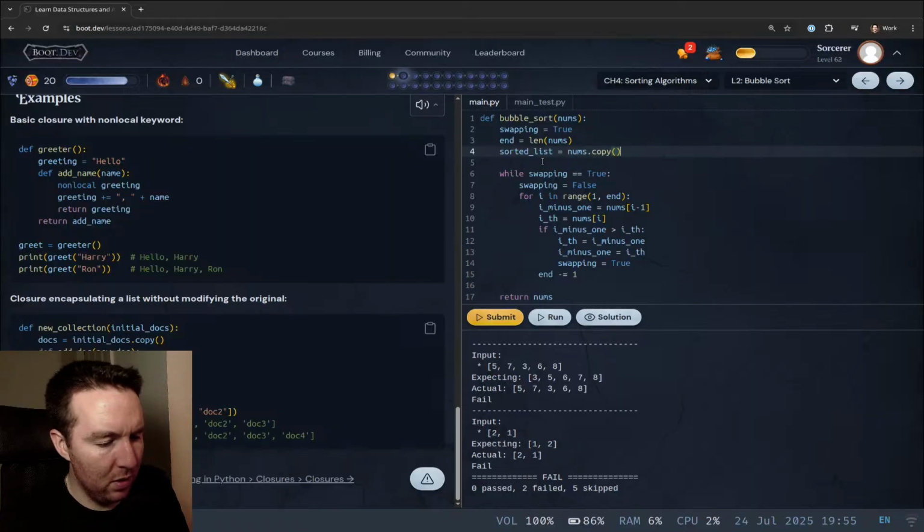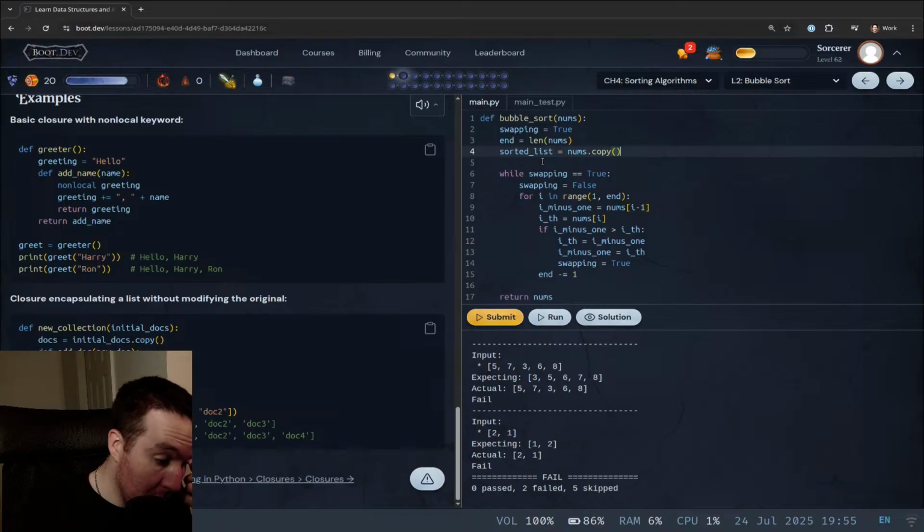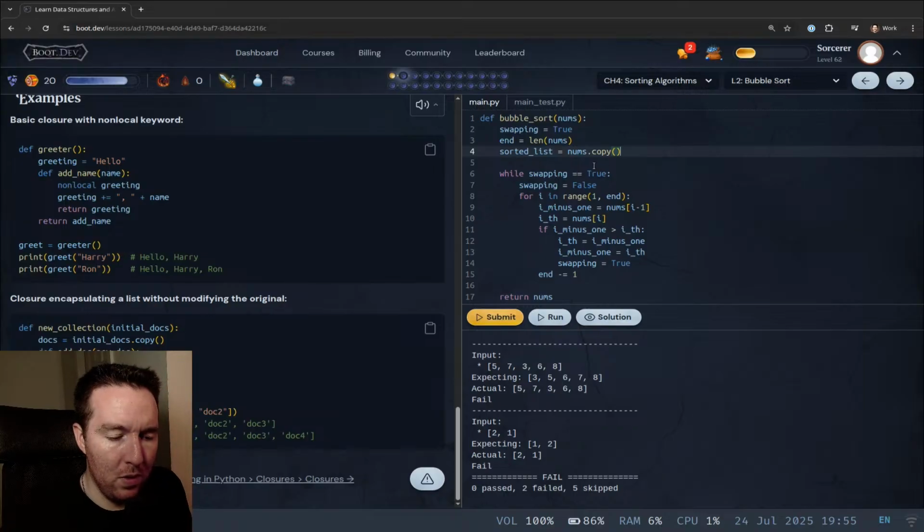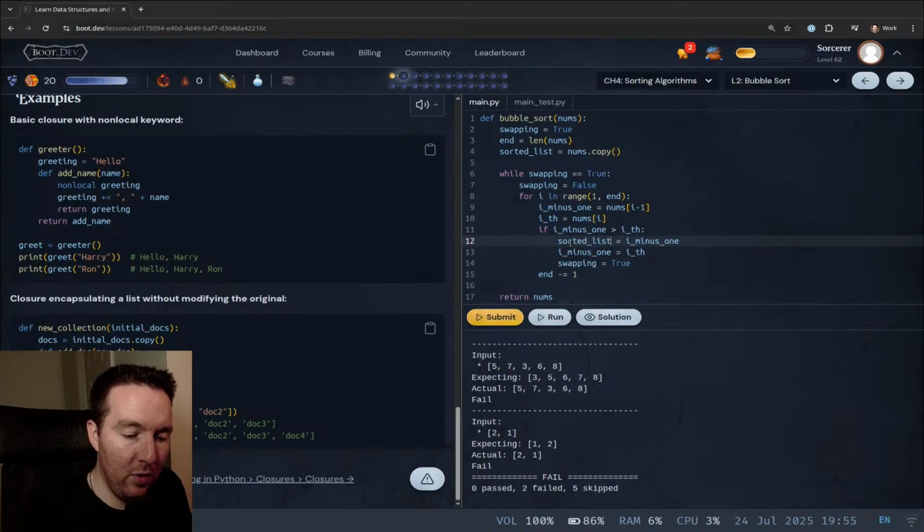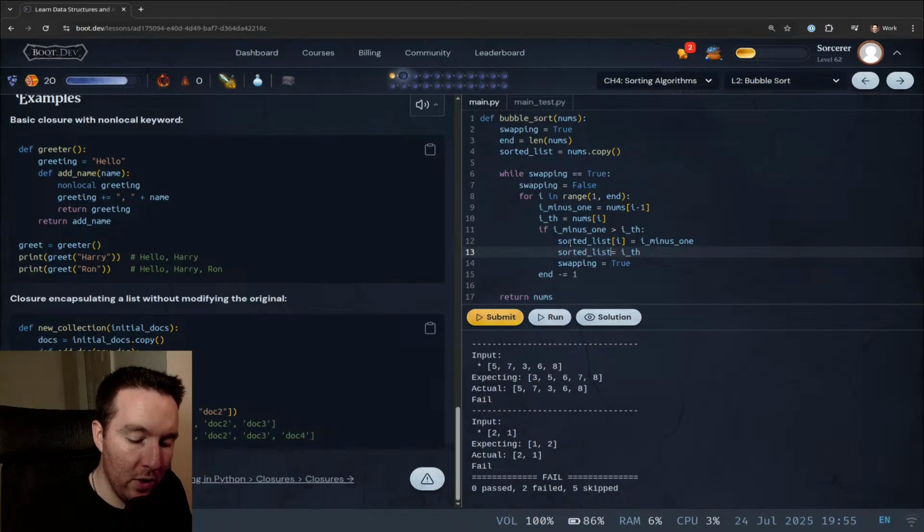Can we do that? Then we do sorted list, and then we do sorted list i minus 1. Does that work? Nope, same result.